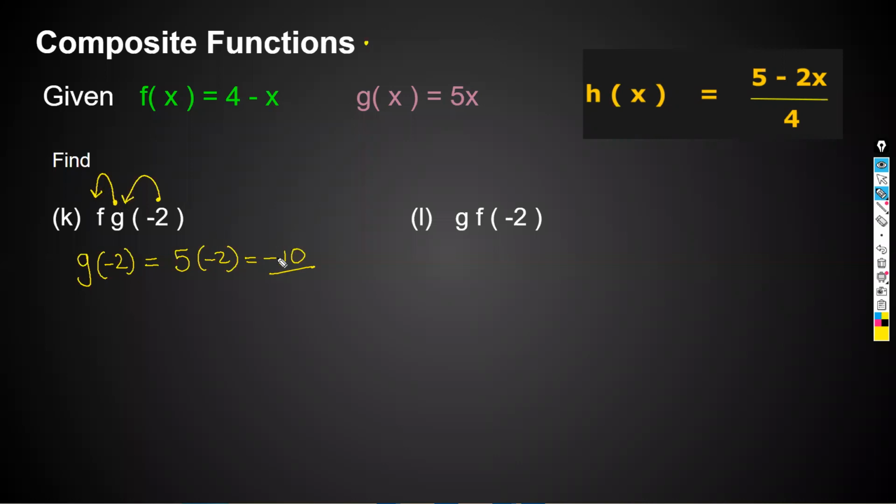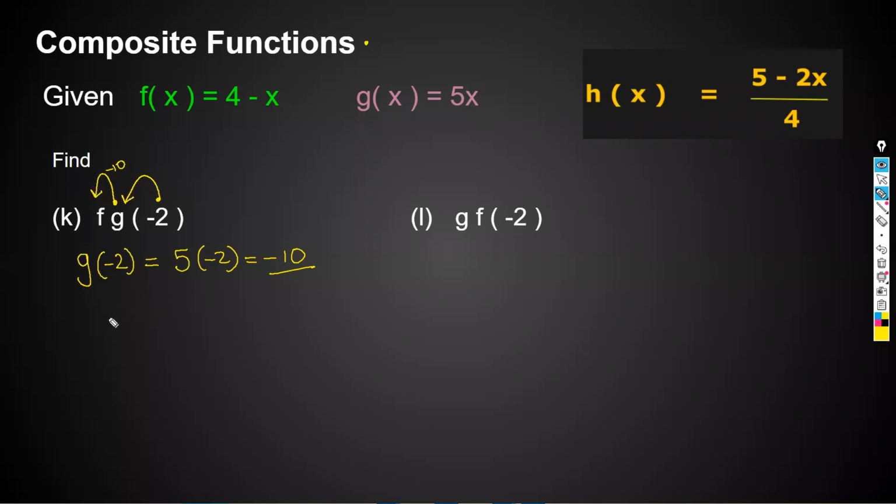The -10, which we just got, we're going to put it into F. So it's a continuation, meaning that if you get the first answer wrong, you're going to get the second answer wrong. When we put the -2 into G, that means we're replacing this x with -2. We're going to put that new answer now into F.